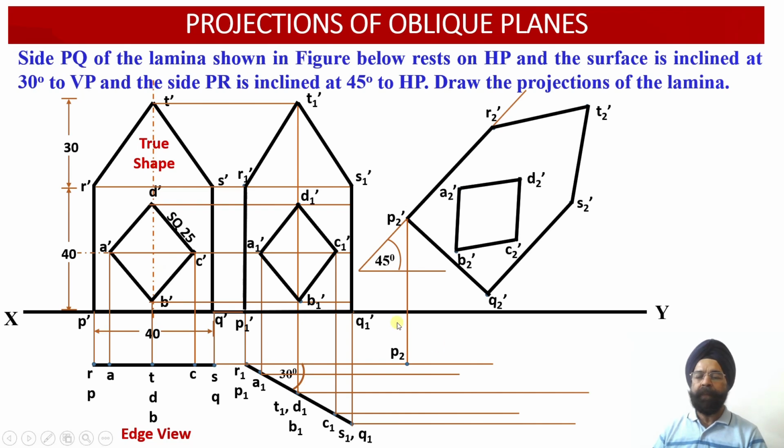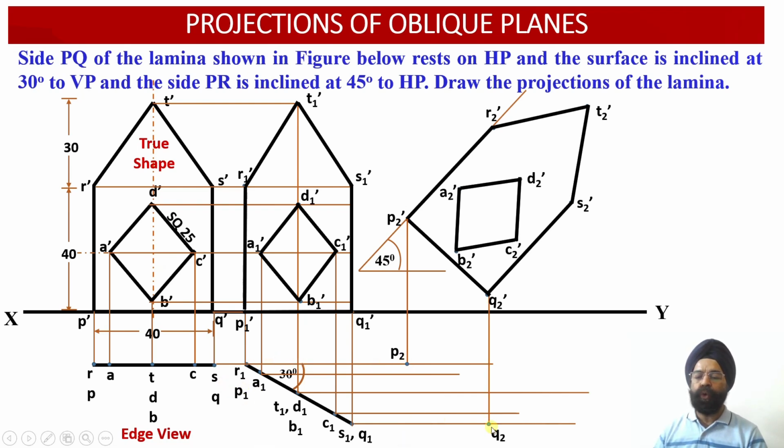So here we can see point P2 has been obtained by virtue of intersection of 2 projector lines. So which are these 2 projector lines? One is the vertical projector line emerging from the point P2 dash and the horizontal projector line which is emerging from the point P1.